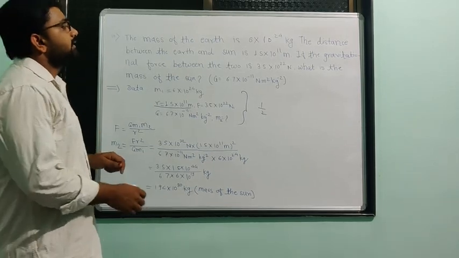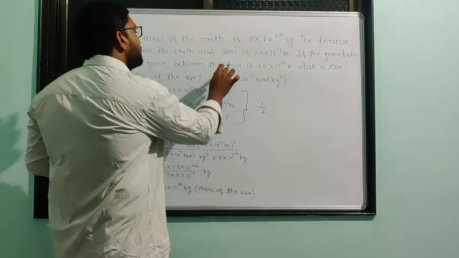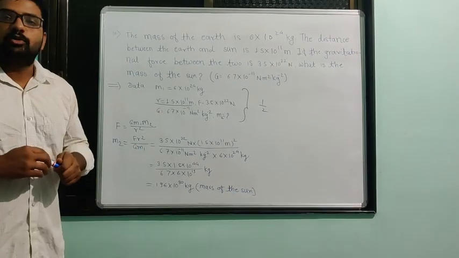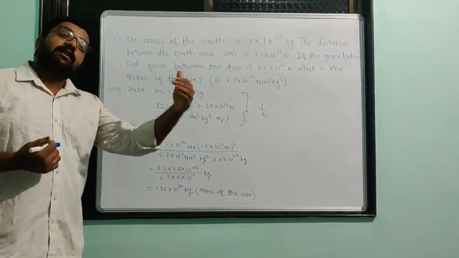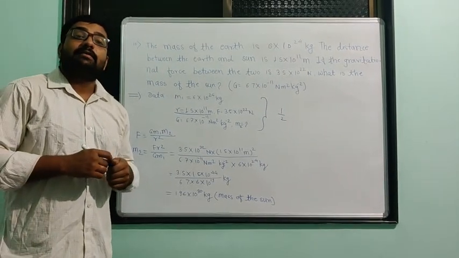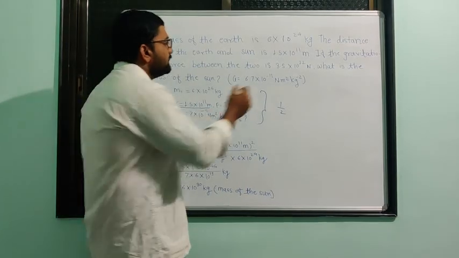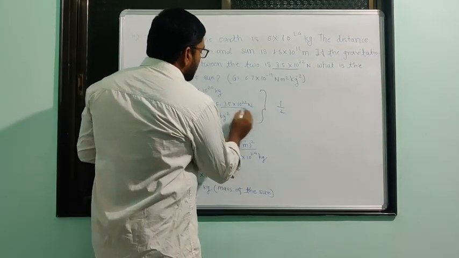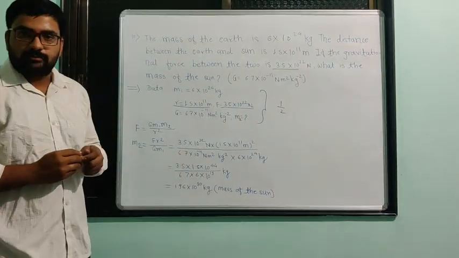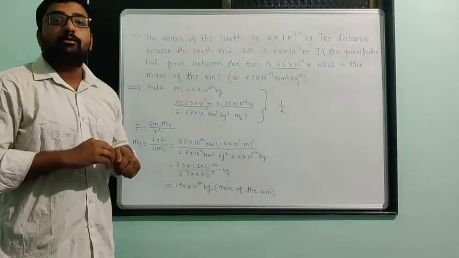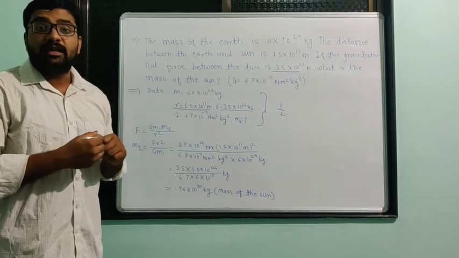Then the gravitational force between the two is 3.5 × 10^22 Newton. So the gravitational force between earth and sun is given: F is equal to 3.5 × 10^22 Newton. And then, what is the mass of the sun? We have to calculate the mass of the sun.